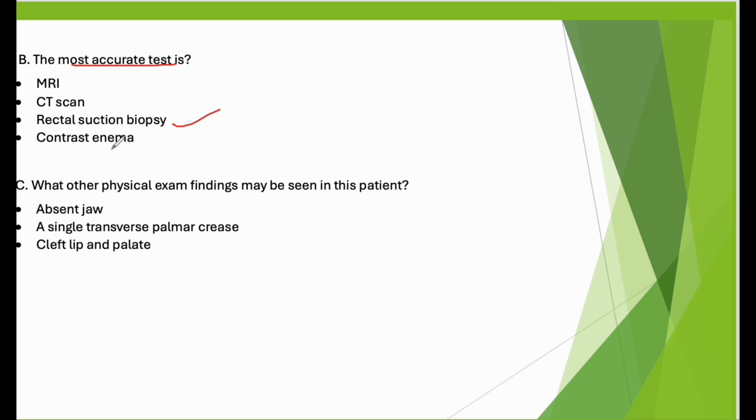And then contrast enema is part of the initial test that has to be done, but it's not the most accurate test in diagnosing the condition. This question says, what other physical exam findings may be seen in this patient? So we have absent jaw, we have a single transverse palmar crease. So Down syndrome patients usually have a single transverse palmar crease. So this is our answer of choice.